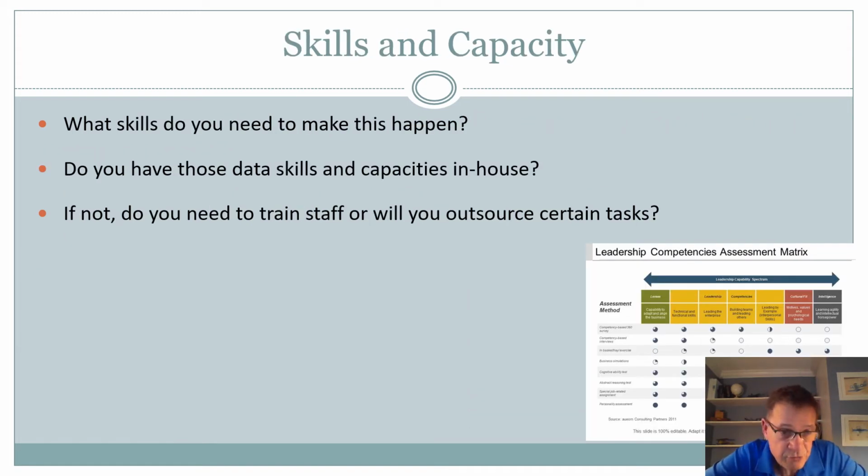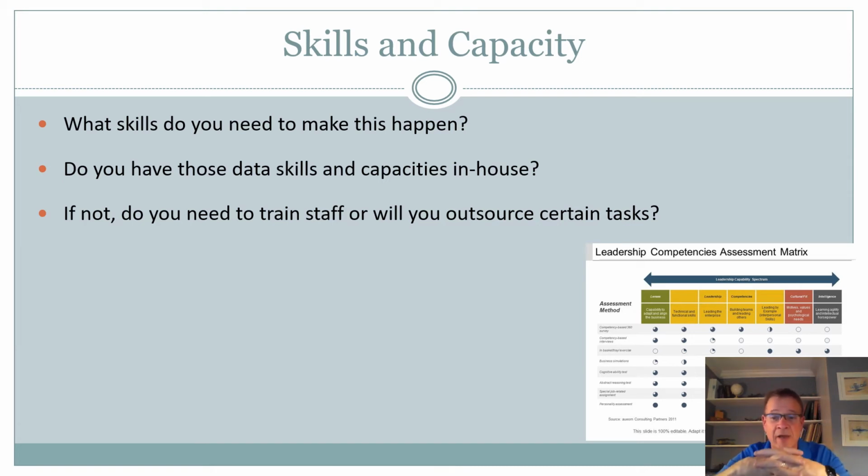And the next piece is, do you have the skills and capacity? Where we've done an inventory of hardware and software and throughput and capacity from a technical perspective, you also need to have a dispassionate inventory of the skills you have available within the organization. Do you have sufficient skills to be able to answer these kinds of questions?